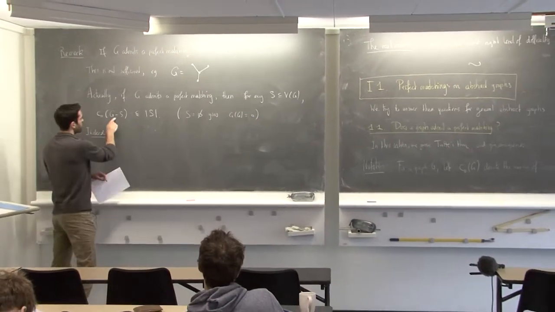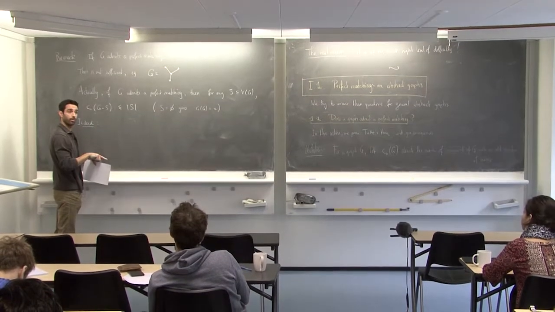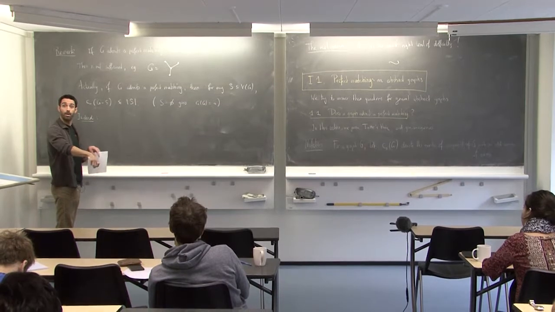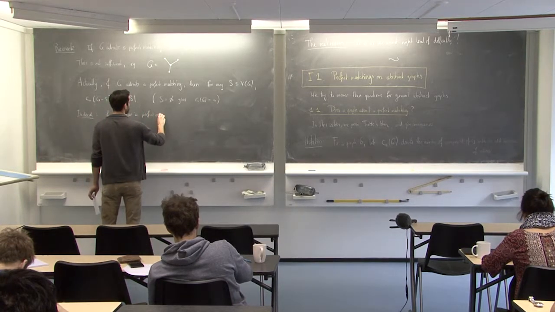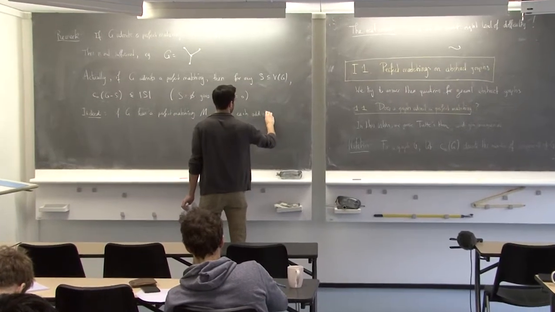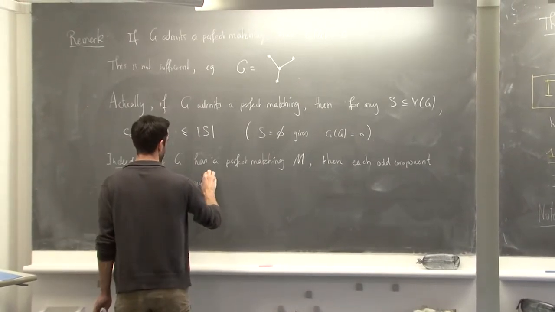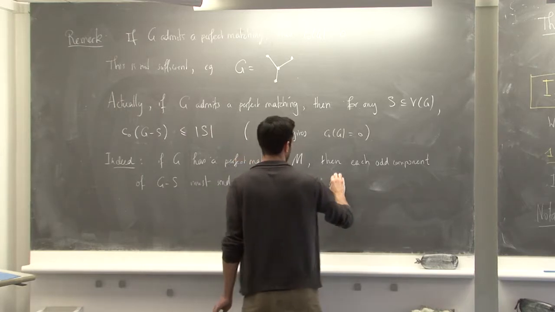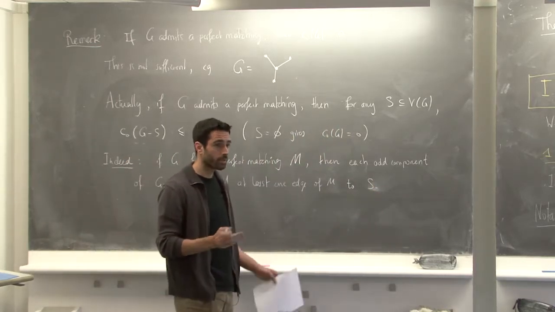What happens is that each odd component here must send out an edge of the matching to S. Because if you have an odd number of vertices here, but they're matched by M, it means that at least one of them must be matched outside by M. So, indeed, if G has a perfect matching M, then each odd component of G minus S must send at least one edge of M to S.